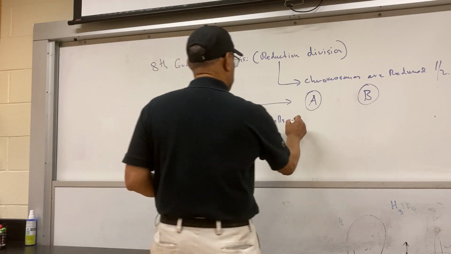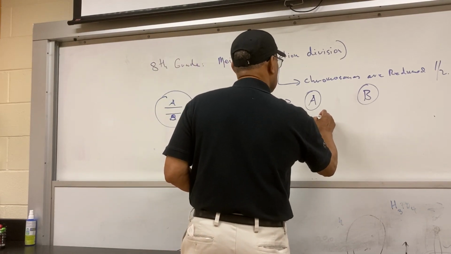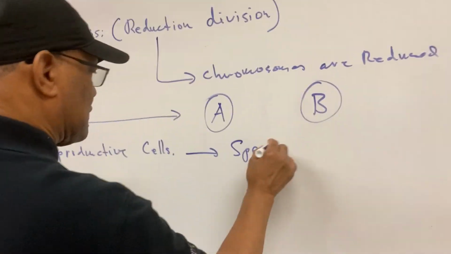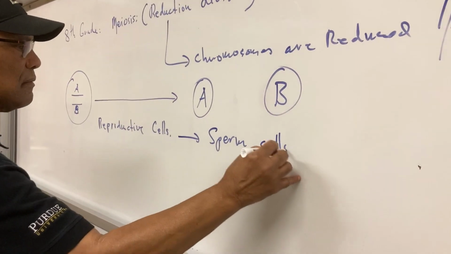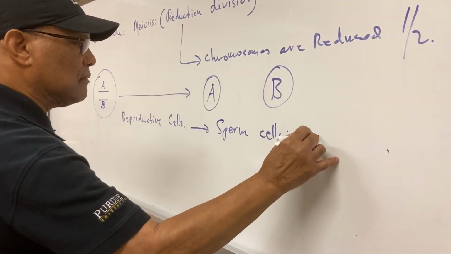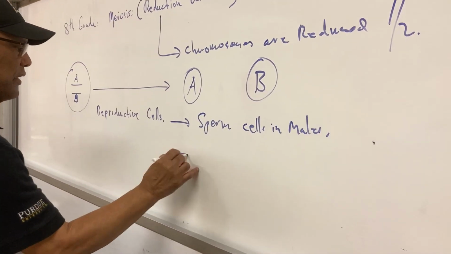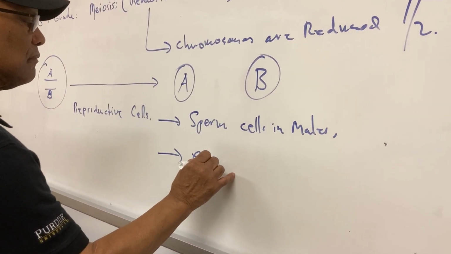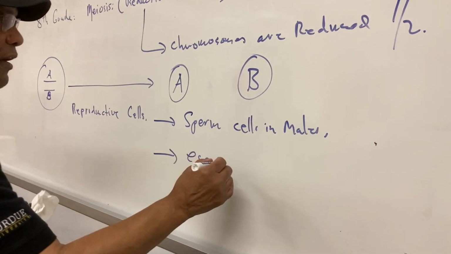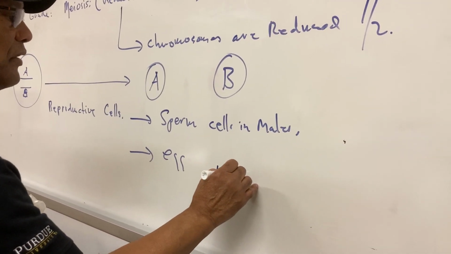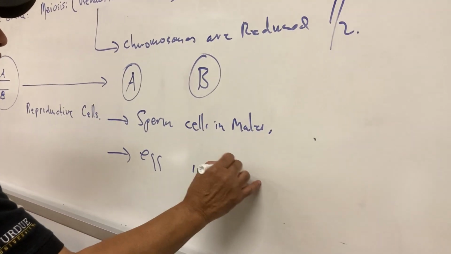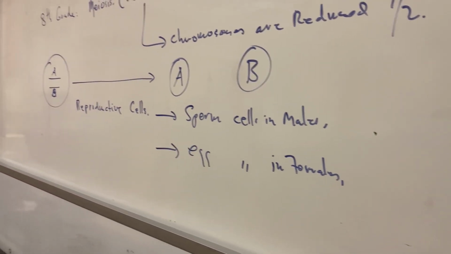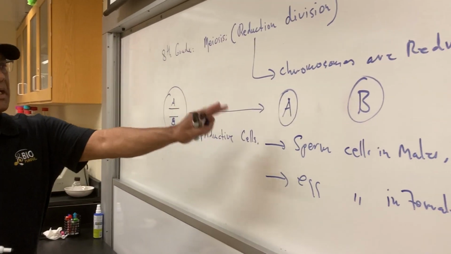The reproductive, that means in the male, that's the sperm cells, in males, and in females, it's the egg cell, or commonly found in the ovaries. Egg cells in females. Okay? So meiosis only occurs in these cells.